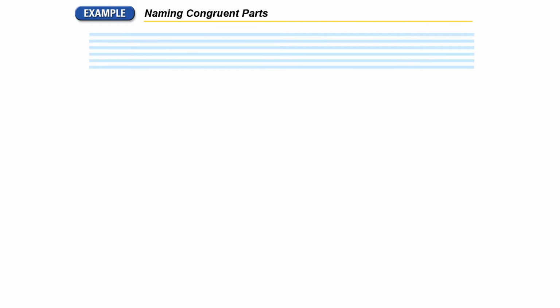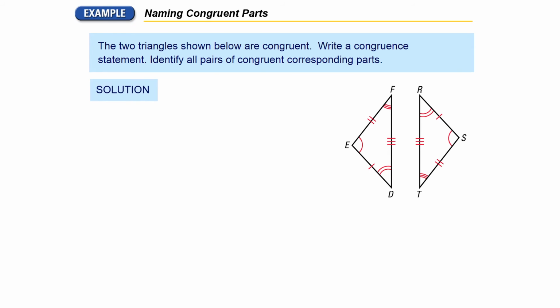Here's an example. The two triangles shown below are congruent. Write a congruent statement and then identify all pairs of congruent corresponding parts. Take a moment if you have to. Now this is just one solution.